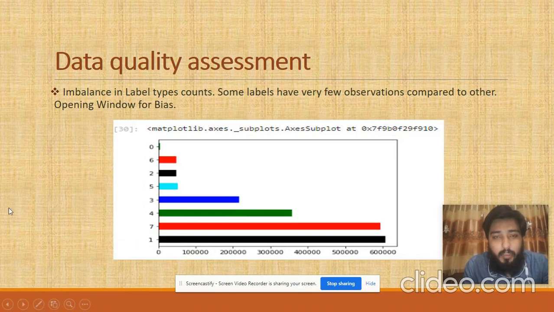Also, the biggest problem in most of the data sets, the projects I've seen, is data imbalance. As you can see here, some of our labels have very few data points and others have more than half a million, while some have not more than 150K, around 100K data points.